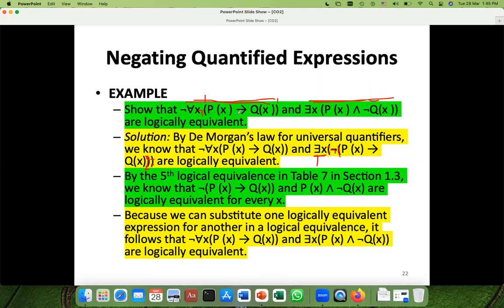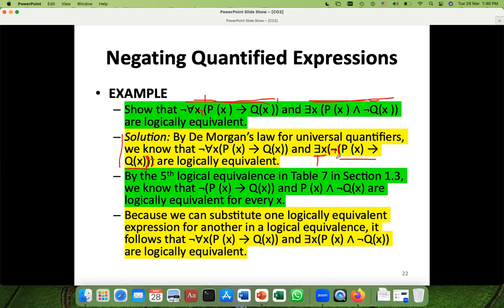But here you have the P of x and implies Q of x, which is written here. Starting from here, P of x implies Q of x, and this is the end of the bracket. And you have the negation outside. Okay. So now this is one step that you have performed, only you have moved the negation forward.